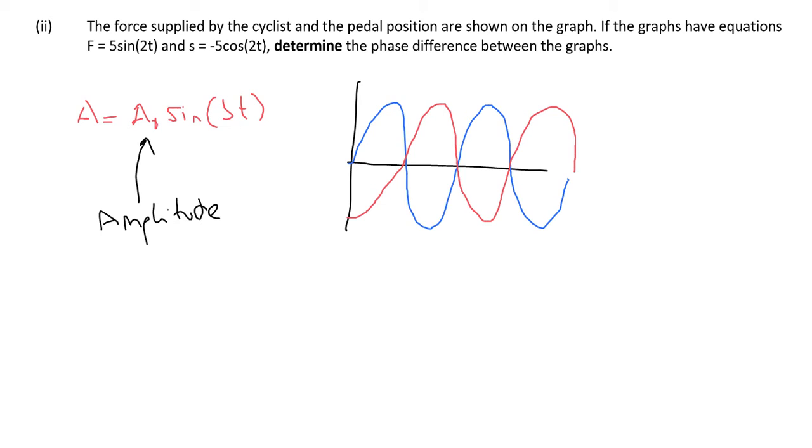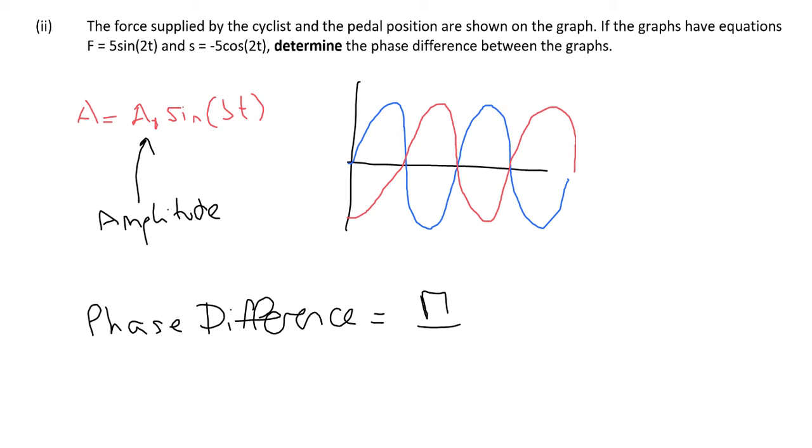So what was in 360 is now in 180, or what was in 2 pi is now in pi. So what was a pi over 2 phase difference is going to become a pi over 4 phase difference between the graphs because of that scale factor multiplying t. So that would be your phase difference.